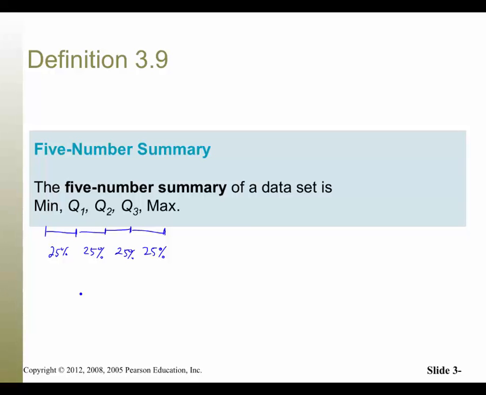So the interquartile range then is this one. It's Q3 minus Q1. That's going to be 50%.